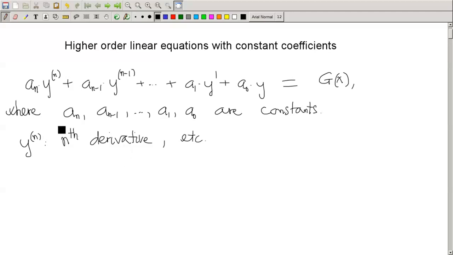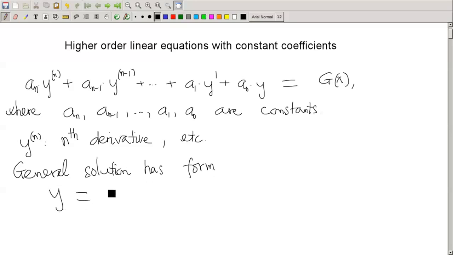So as for second order differential equations, the general solution has the form y equals c1 y1 plus c2 y2 plus, because we have nth derivative in the equation, we will need n solutions.